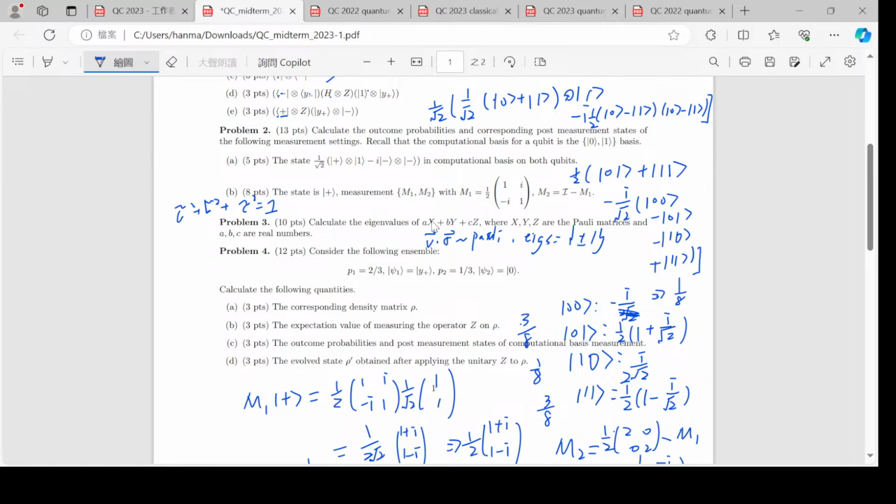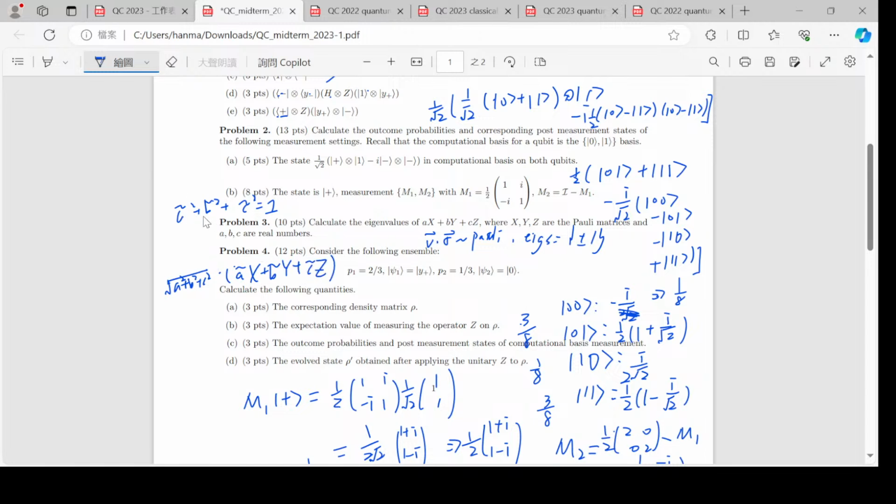We can renormalize this matrix to have a, b, c squares sum to 1. So we just take the square root of a squared plus b squared plus c squared, and this operator equals this renormalization factor, times a tilde x plus b tilde y plus c tilde z.